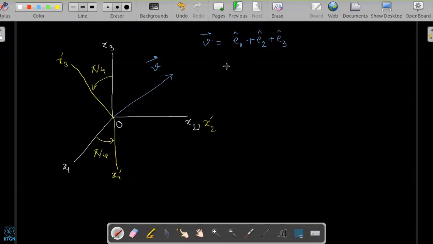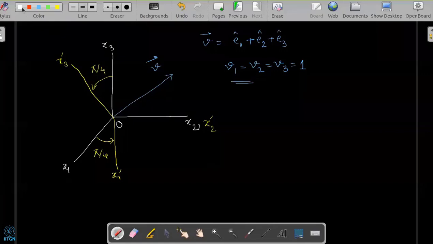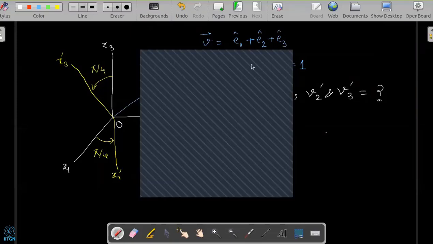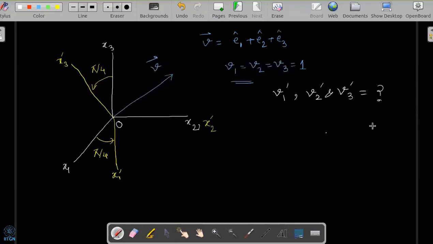So here v1 is equal to v2 is equal to v3 is equal to 1. This is the given condition. Now we have to determine v1 prime, v2 prime and v3 prime.